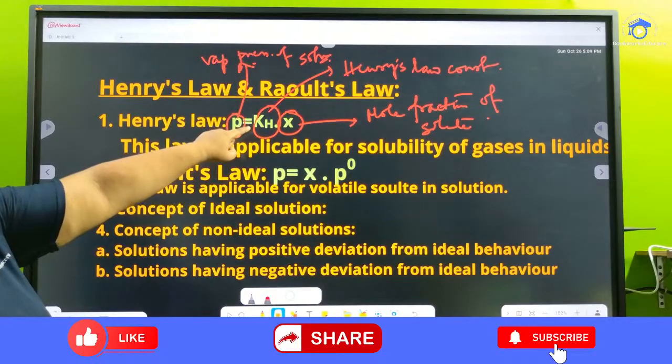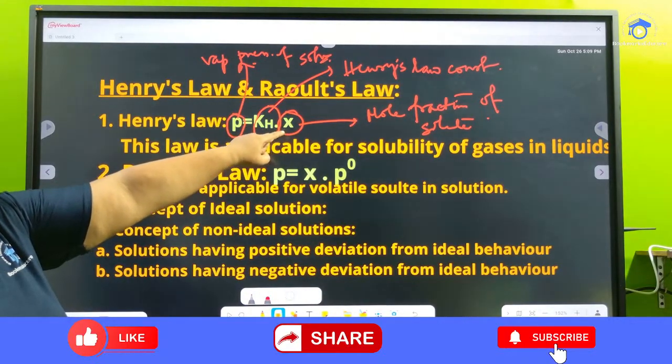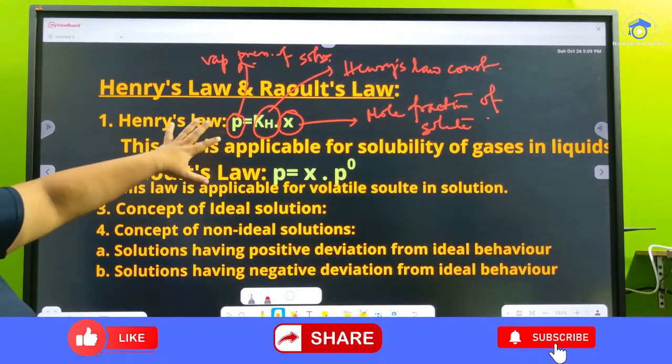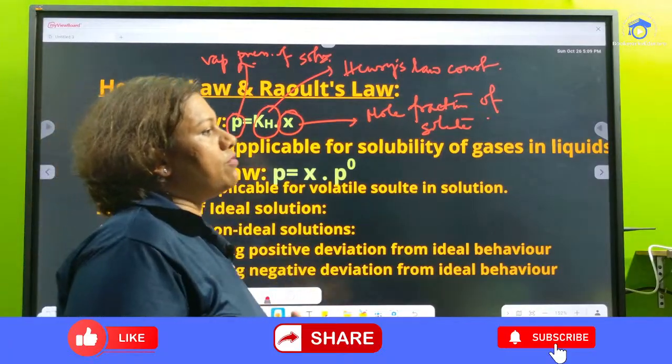This is Henry's law constant, and this is the mole fraction of the solute, that is the gas. That means actually this is the final derivation of the law.